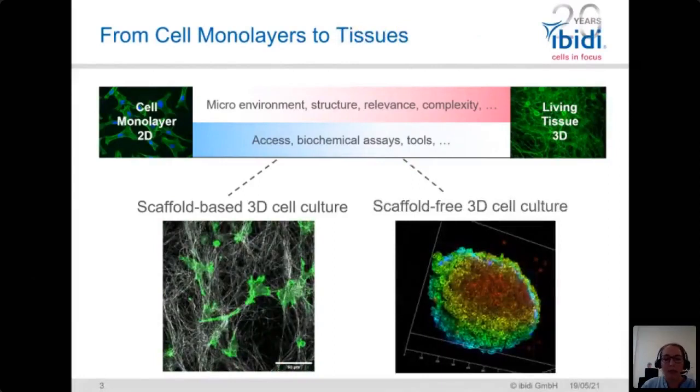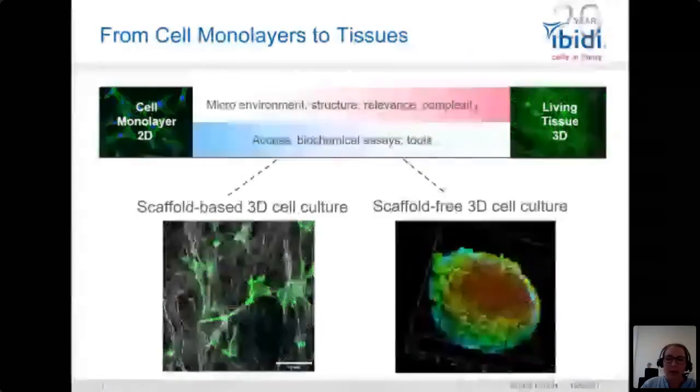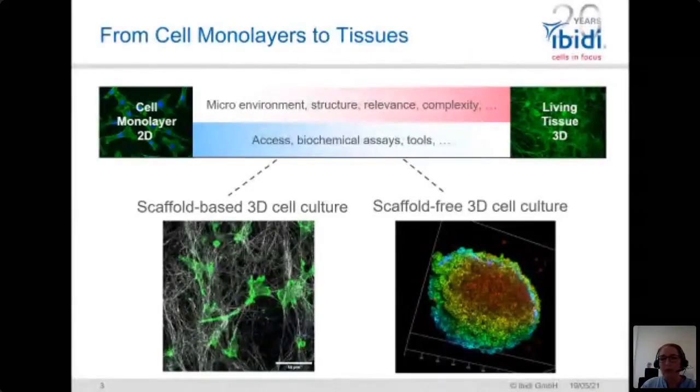Another possibility is to cultivate the cells in aggregates or as spheroids, independent of an extracellular matrix. The standard methods to generate spheroids are the U-bottom microtiter plate or hanging drops. But for the imaging, the spheroids need to be transferred to a flat surface.